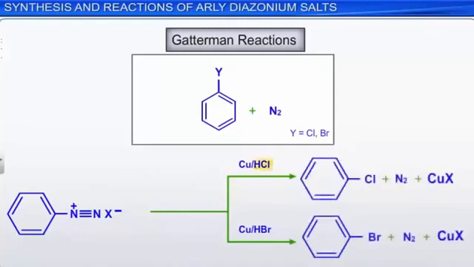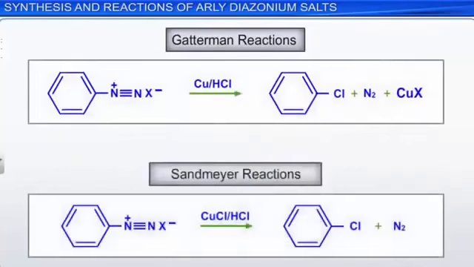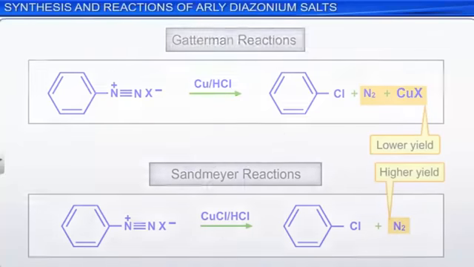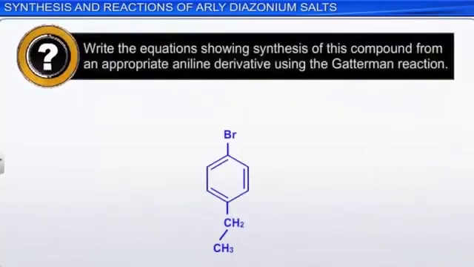In general, yields for the Gattermann reactions are lower than for the analogous Sandmeyer reactions. Try to solve this problem on your own before checking the answer. Write equations showing the synthesis of this compound from an appropriate aniline derivative using the Gattermann reaction.